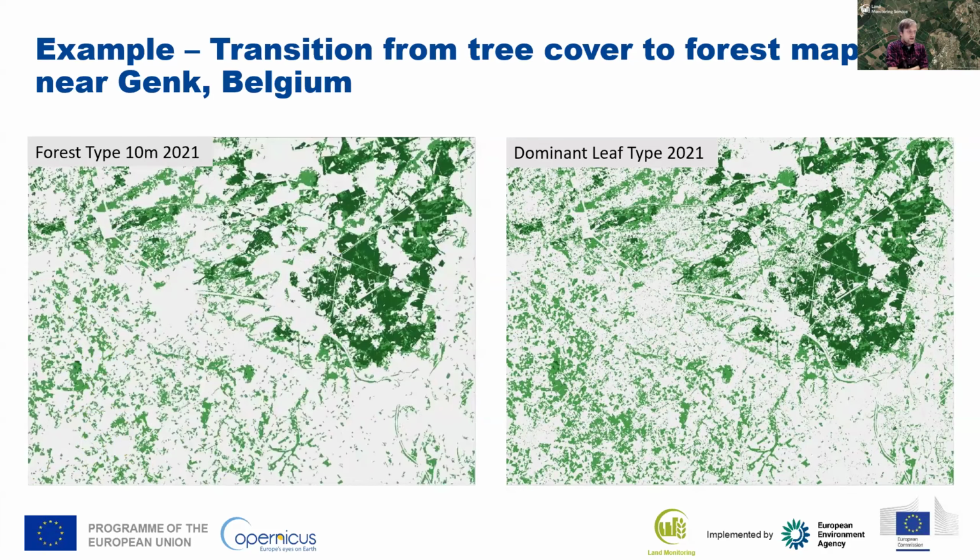And then as you can see in the final product here, the forest type 100 meter for 2021, especially in the urban areas, there is no tree cover anymore included, and also in the southwestern parts the amount of broadleaf covered area is now greatly reduced.